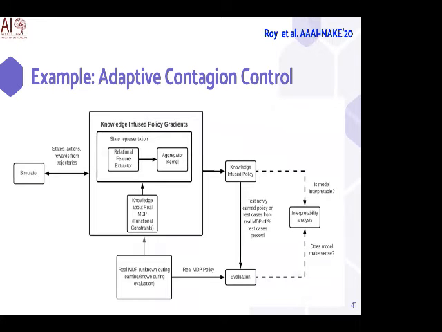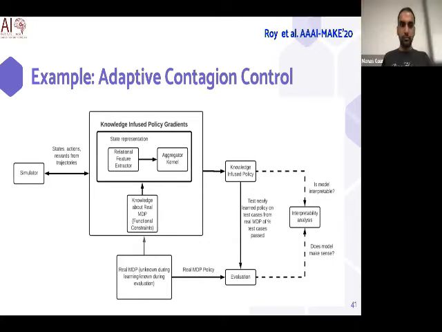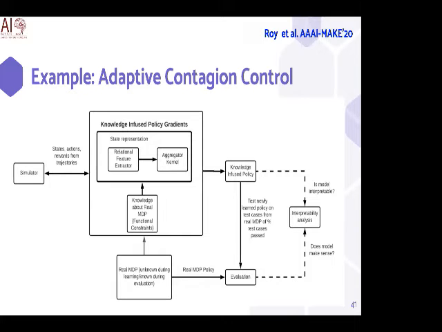Here is a paper that me, Manas, and others wrote about a year ago. This was at the height of the COVID pandemic. The simulator here is built on CDC data from in and around the New York region.